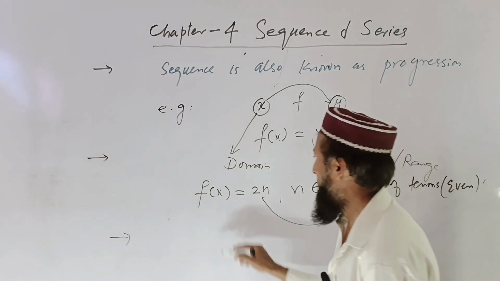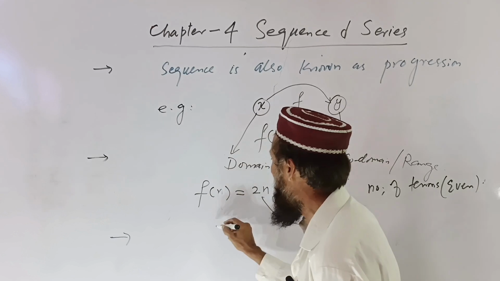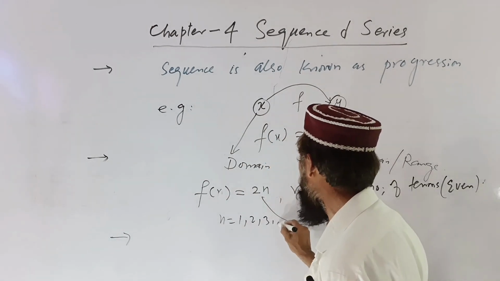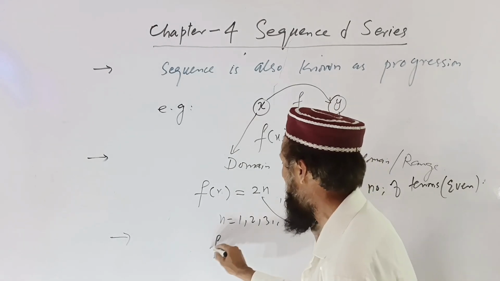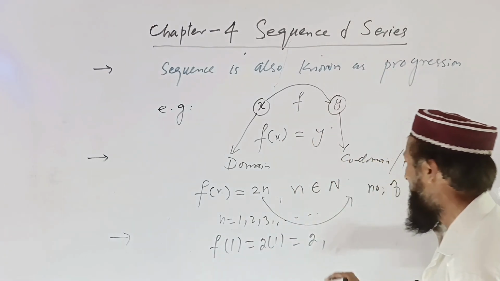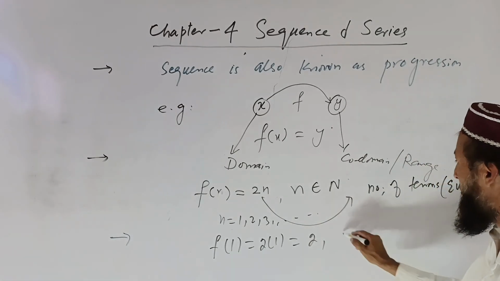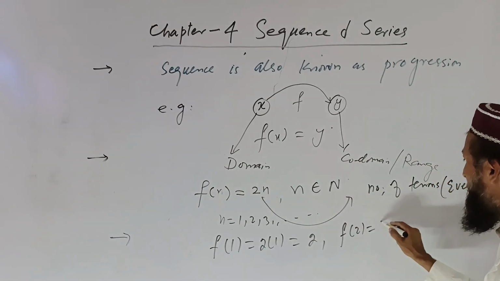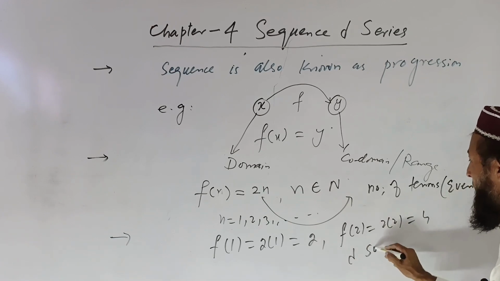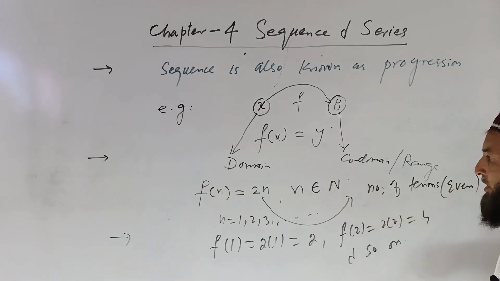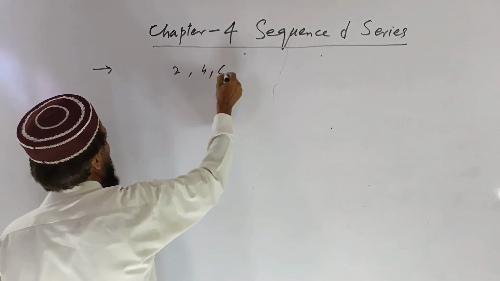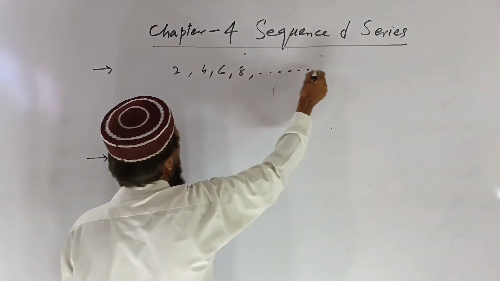If we put n equal to 1, 2, 3 and so on, we get f of 1 is equal to 2 into 1, so is equal to 2. If we replace n with 2, we get 2 into 2 is equal to 4, and so on. Continue the process. So that follows some pattern: 2, 4, 6, 8 and so on.